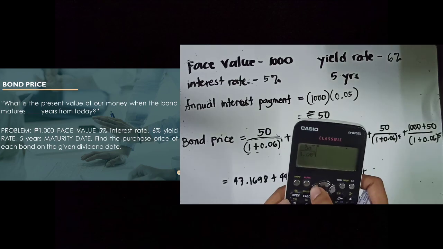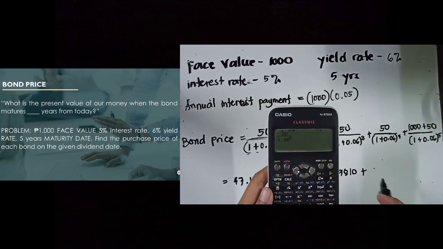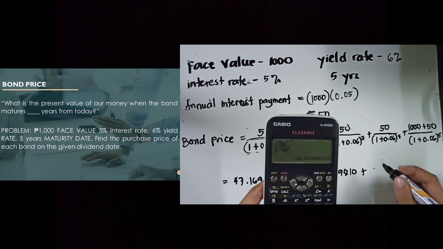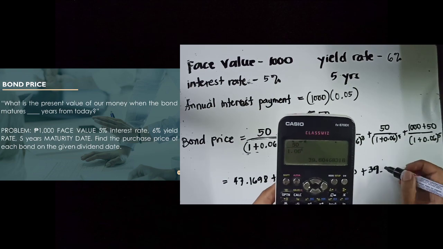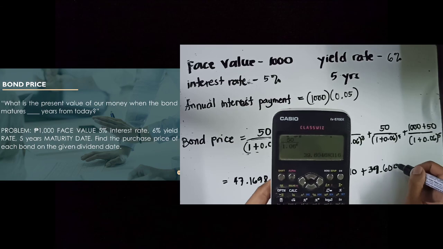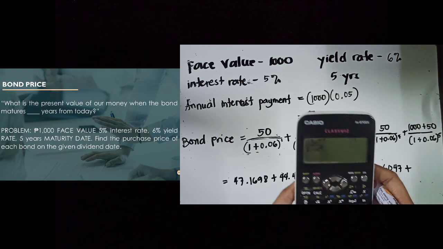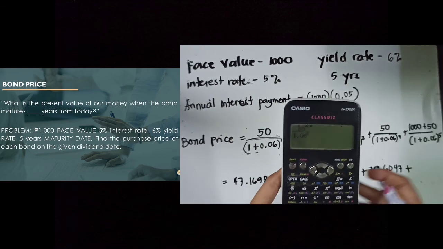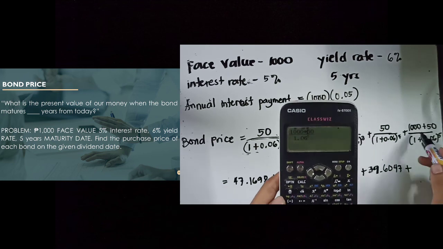So, plus 50. Okay? So, 50 divided by 1.06 raised to 4. And that is equal to 39.6047. Then plus, 1,000 plus 50.